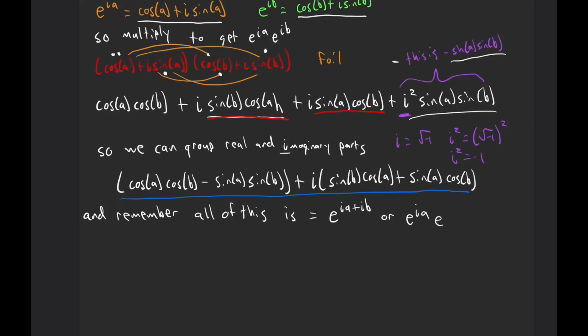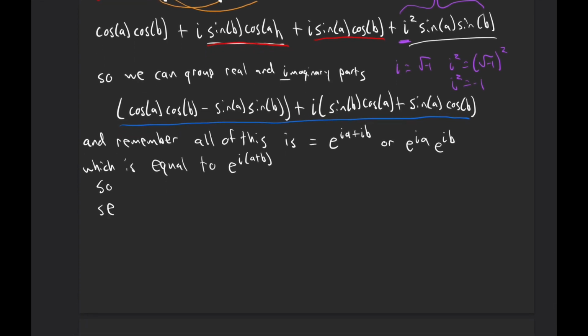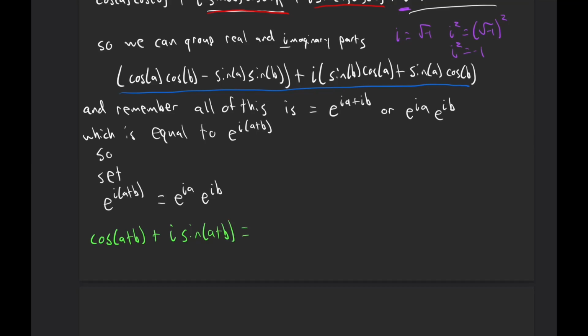So let's take a look at what we're doing. We have this term that's going to be equivalent to the term we found earlier. So that term earlier was e to the i(a plus b), which is equal to e to the ia times e to the ib, right? So now we have cosine of a plus b plus i sine of a plus b, which is going to be equal to what we just found in this above equation.